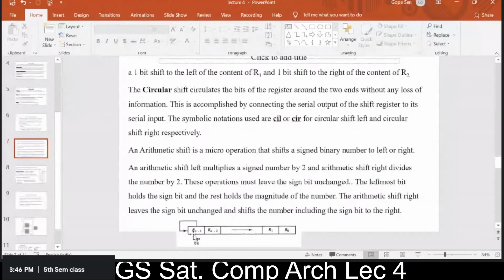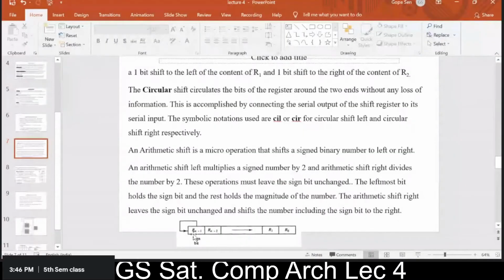This is the case of arithmetic shift right, symbolically represented as ASHR, different from SHR. SHR was logical shift right, but this is known as arithmetic shift right, ASHR. All the bits will be shifted one step to the right, but the sign bit will again come to its original location so that the sign of the number remains the same.